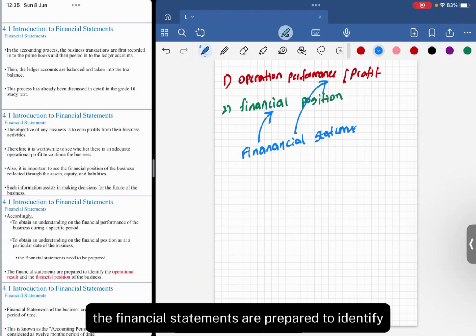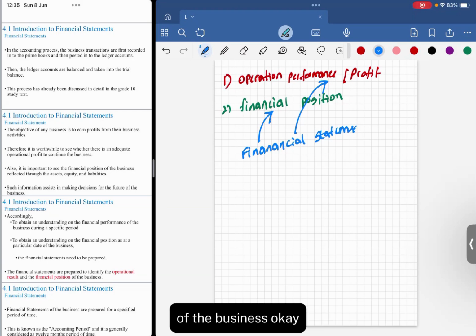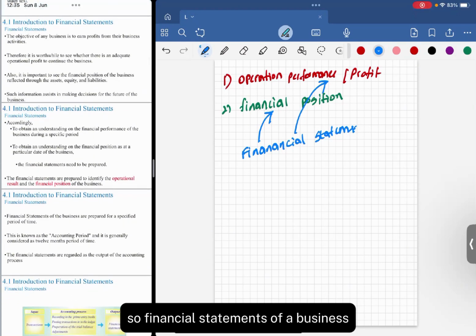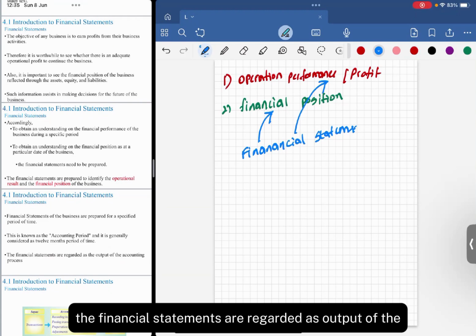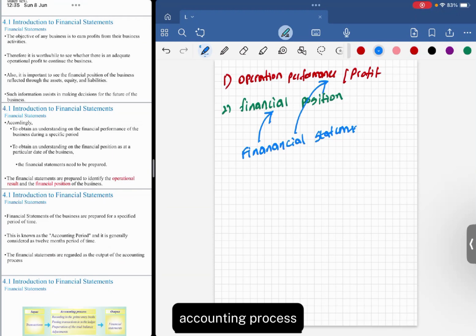So the financial statements are prepared to identify the operational results and the financial position of the business. Financial statements of a business are prepared for a specific period of time, which is known as the accounting period. Generally, it is considered 12 months. The financial statements are regarded as the output of the accounting process.